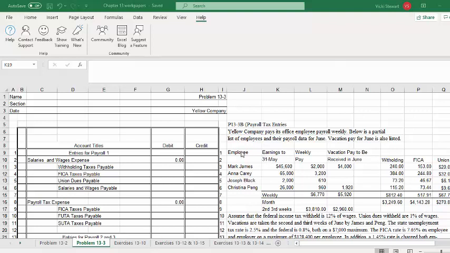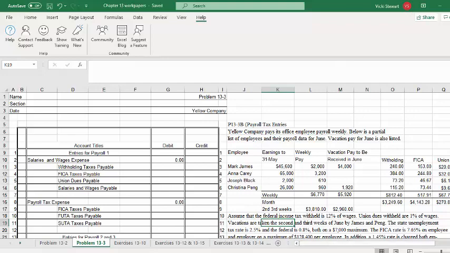So the problem gives us the employees' names, their earnings to date as of May 31st, their weekly pay amounts that they're going to be earning in June, and vacation pay that two of the employees will be receiving in June.